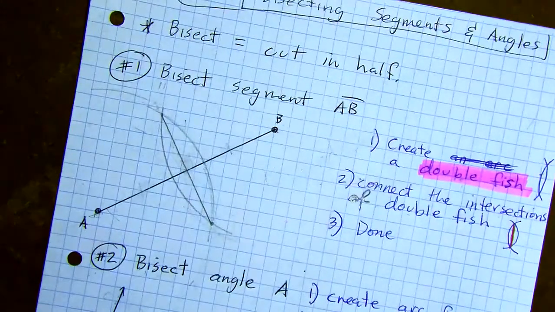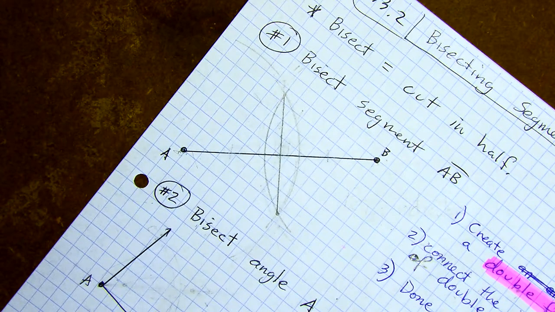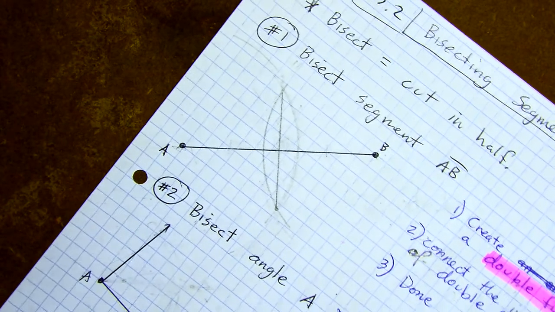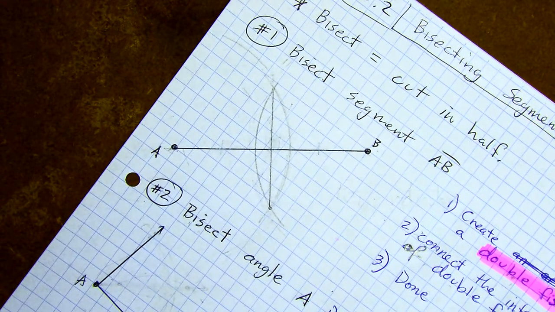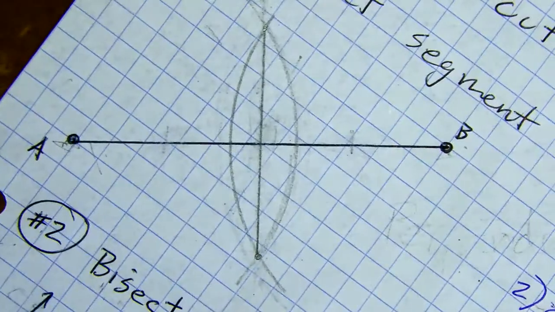Okay. I did it. Nice. All right, Isabel. Perfect. Perfect, Lizette. Perfect. Okay, so now I want you to look at this bisected segment, and what are some things we can say about this situation?